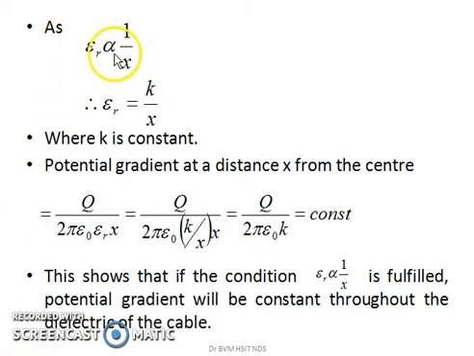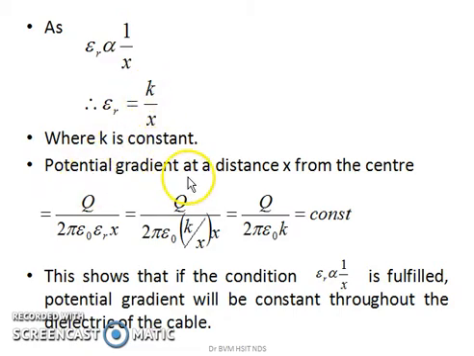As epsilon r is inversely proportional to the distance from the center, epsilon r = k/x, where k is the proportionality constant.